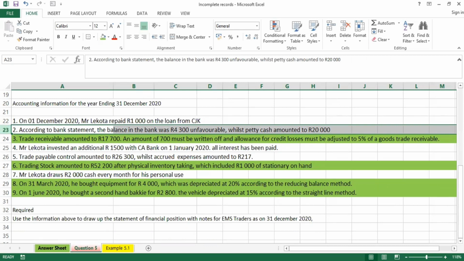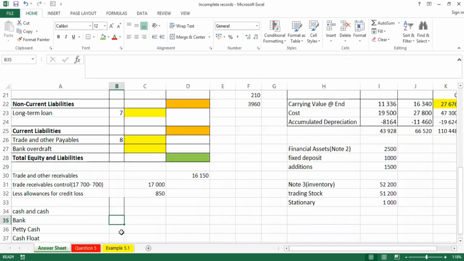So let's type in the petty cash amount. Petty cash was 20,000. And then bank was a negative amount.